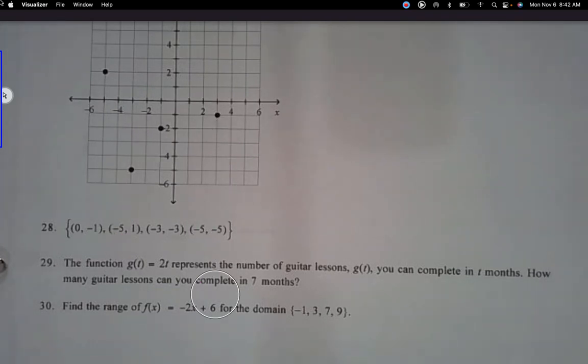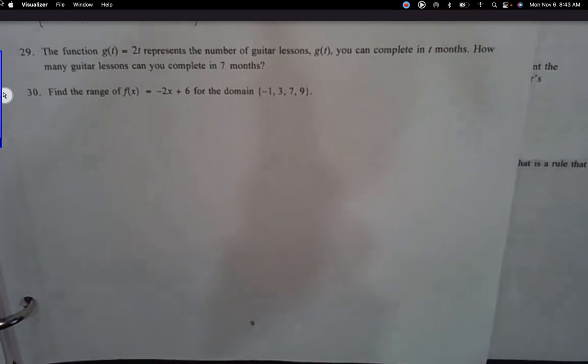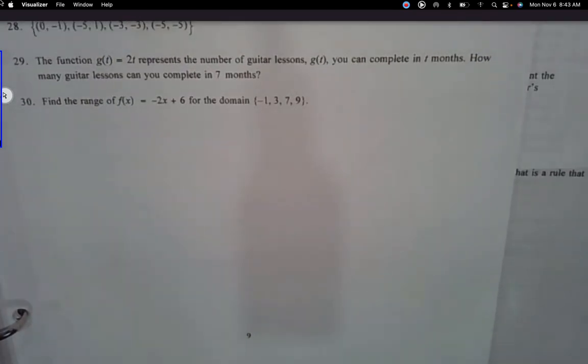Alright, number 30, here are your X values. How do you find the Y values? You plug in. So I would say, okay, Y equals -2 times X plus 6. Instead of X, what do I write? -1. So what's my answer? I would just plug all this in my calculator. -2 times -1 plus 6, what is that? 8. That's your first answer. How do I find the next one? Same thing.